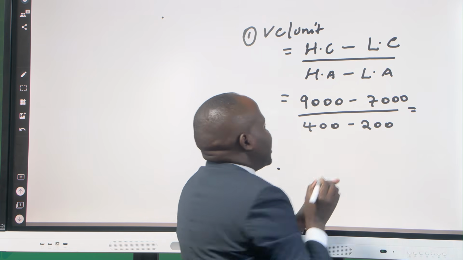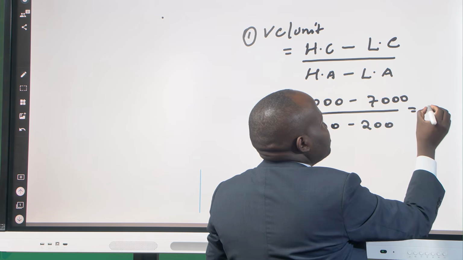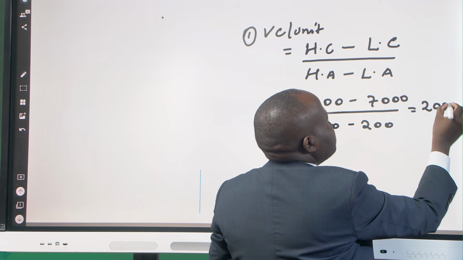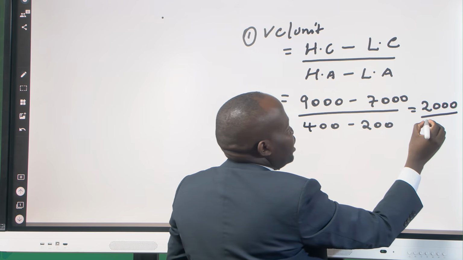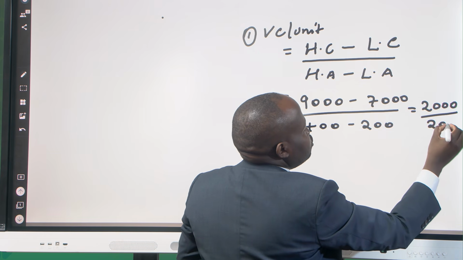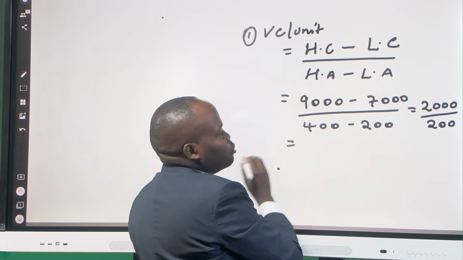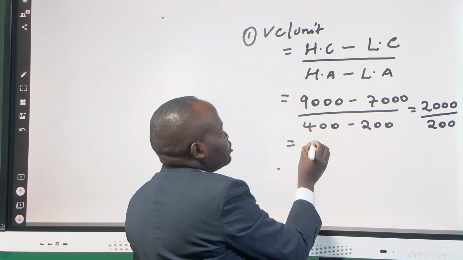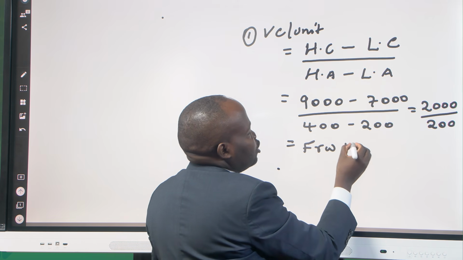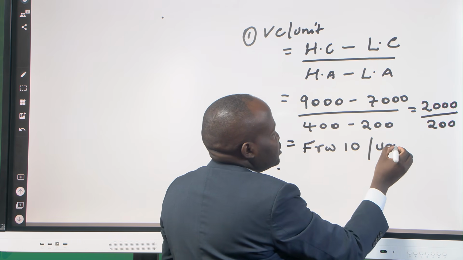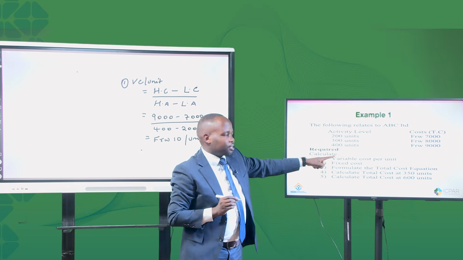So this gives us 9,000 minus 7,000, we are left with 2,000, divided by 400 minus 200, that gives you 200. 2,000 divided by 200 gives 10. So this gives us a variable cost per unit of 10. So the variable cost will be 10 per unit. That is requirement number 1, which in exams is 2 marks.